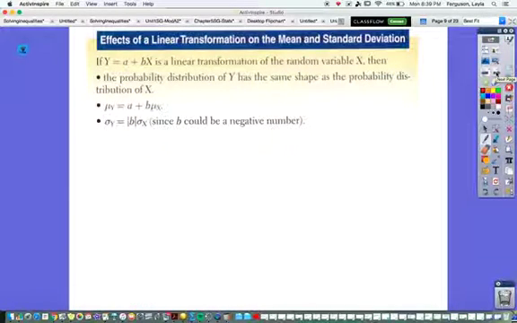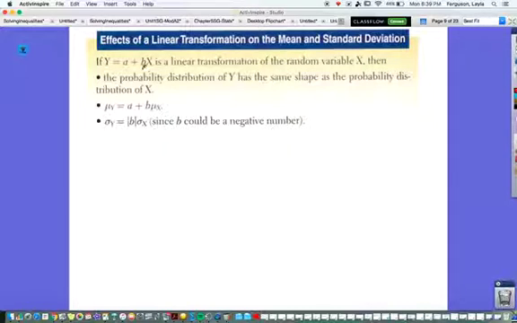Effects of a linear transformation on mean and standard deviation. So if y equals a plus b times x is a linear transformation of the random variable x, then the probability distribution of y has the same shape as the probability distribution of x.